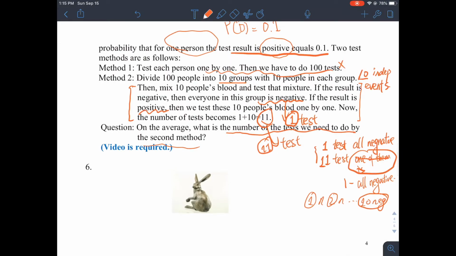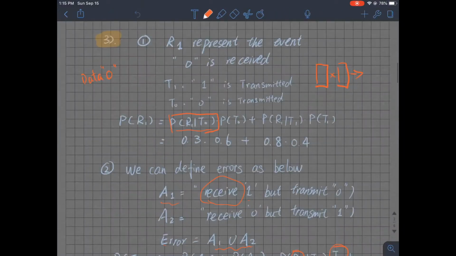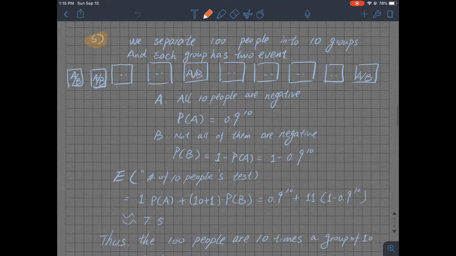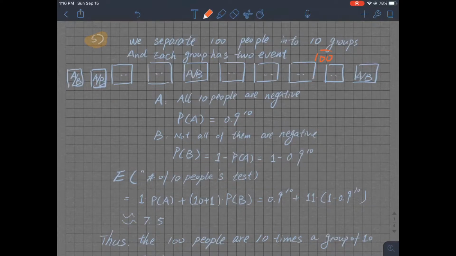Okay, now we go to the solution for this problem. Here we separate the 100 people into 10 groups: 1, 2, 3, up to 10. I divide the outcomes into two events.